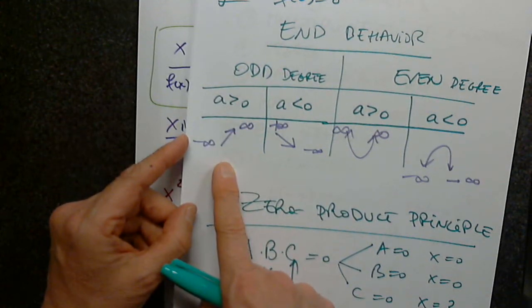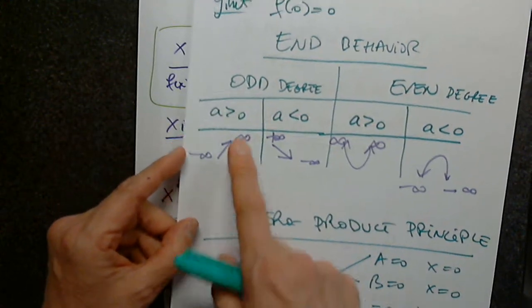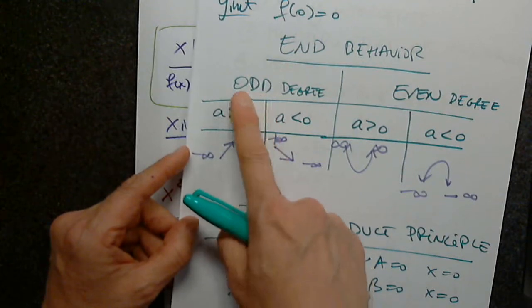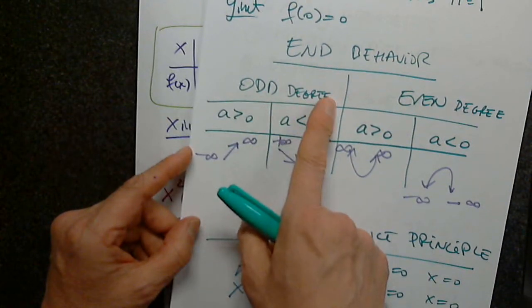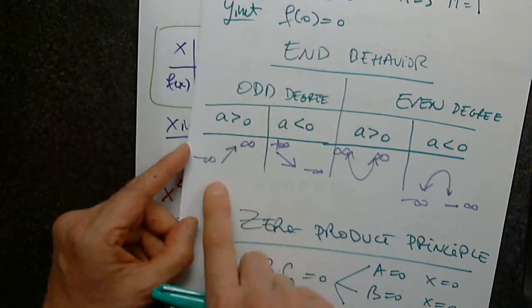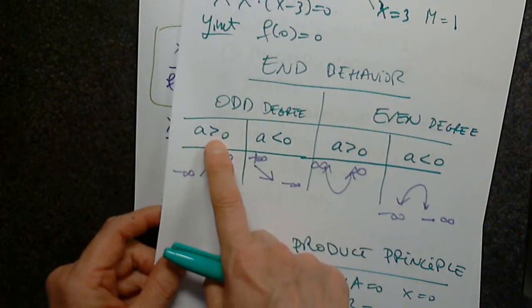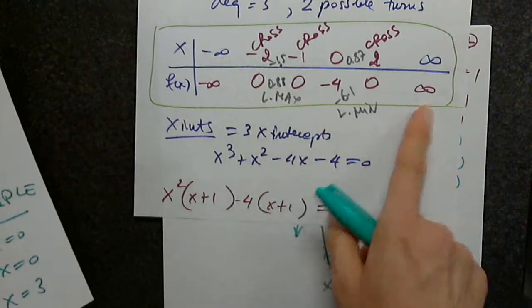Odd degree, like degree 3. Degree 3 is an odd degree. In our case, the leading coefficient was positive, so that's why the behavior was negative infinity to infinity.